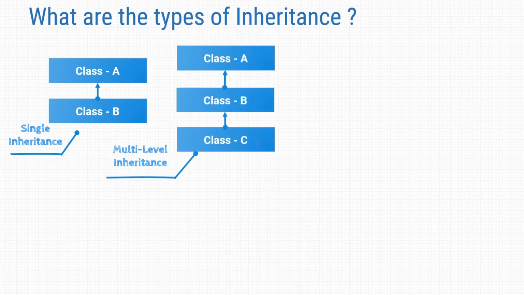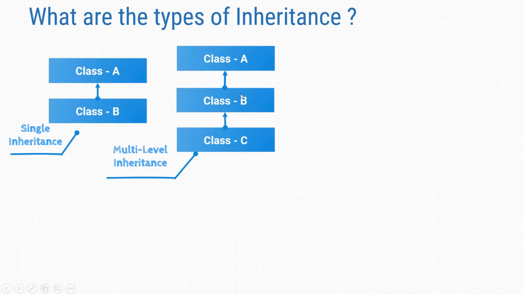And the next type is multi-level inheritance, which means that instead of having one dependency, we'll be deriving in multiple levels. Suppose we have class A, class B, and class C. Let's take an example of class C. If you are creating an instance of class C, that class C will have its own properties and methods, and also it will have access to B's properties and methods.